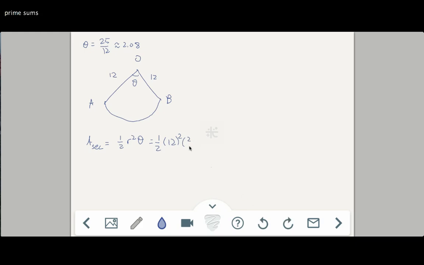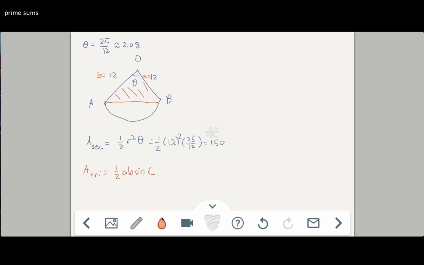And now what about the area of the triangle? Well, the triangle OAB, we can use the formula area equals 1/2 ab sine C, where lowercase a and lowercase b are the two sides that we know, and C is the angle between them. So the sides are 12 and 12, and the angle between them is theta.